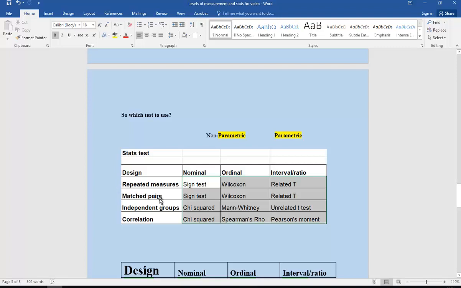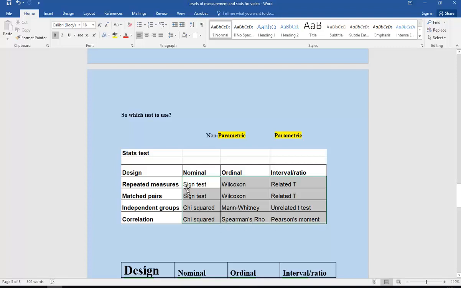Independent groups is obviously unrelated, because it's my score against some completely random person in the other condition. And then we have correlations. All three of these lines are looking for a difference. Correlations are just looking for a relationship, so it's a separate line.